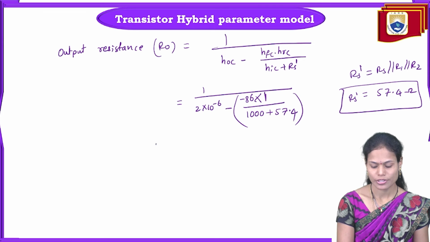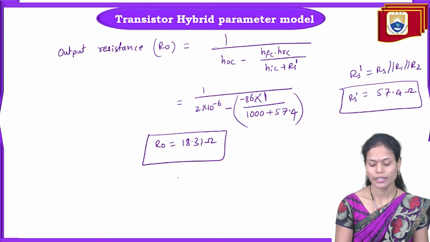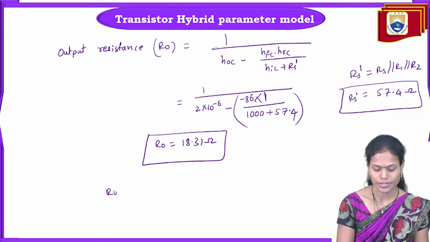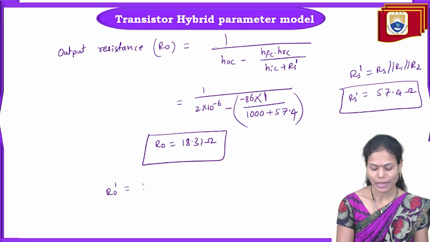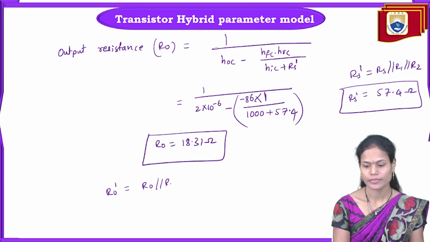After simplification, we will get R0 as 18.31 ohms. And to find the overall output impedance, R0 dash, that is the parallel combination of R0 as well as RL dash.